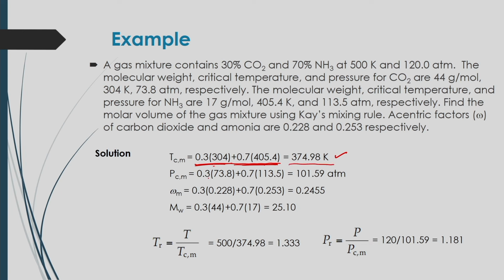Similarly, for the critical pressure of the mixture, you simply multiply with the mole fraction and then add it up for all components, and it will come as 101.59 atmosphere.